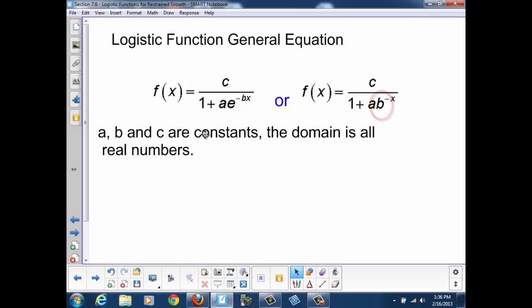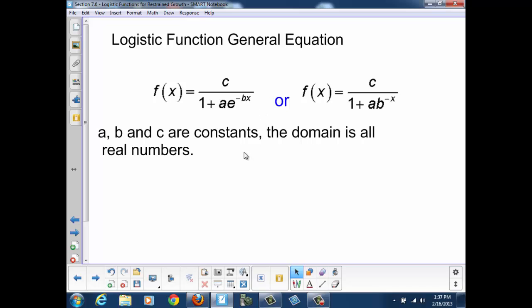You'll see that our f of x has this value on top, c, over 1 plus a e to the negative bx, or c over 1 plus a b to the negative x, where a, b, and c are constants. So these are the three unknowns we would have to solve for given a set of logistic data. The domain is all real numbers.